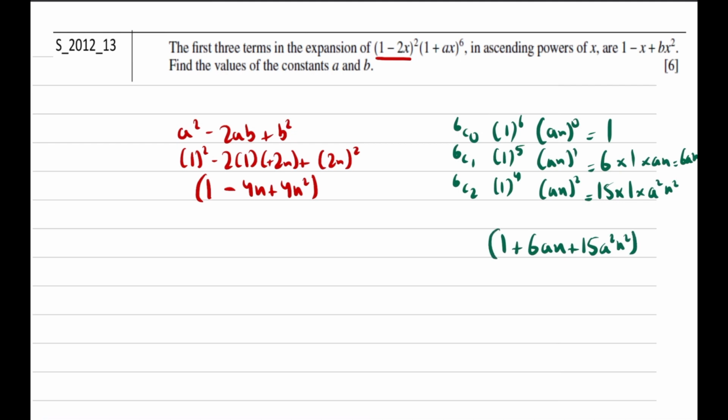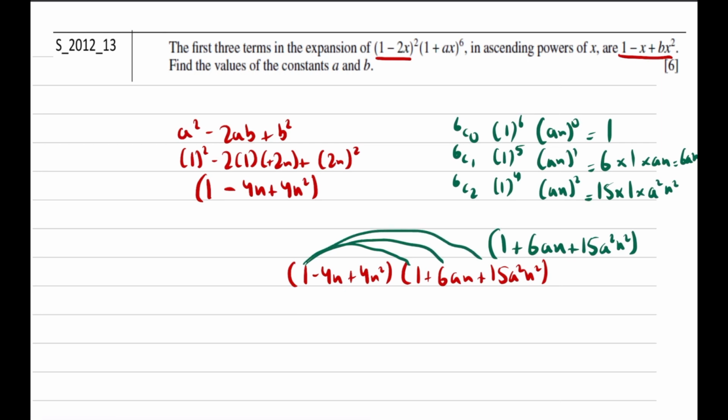Now I need to multiply these two and get an answer. So 1 minus 4x plus 4x square multiplied by 1 plus 6ax plus 15a square x square. Now let's begin. Guys, can I multiply this 1 with this, this and this? So it's going to be 1 plus 6ax plus 15a square x square. Good.